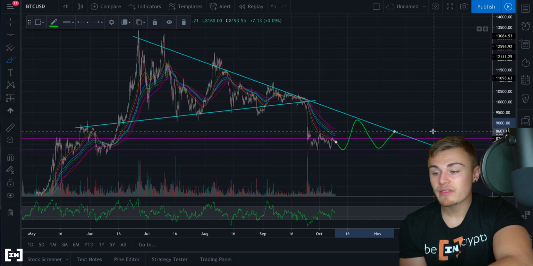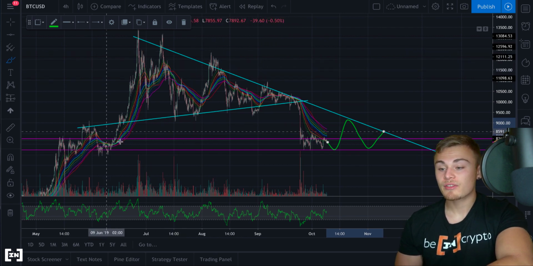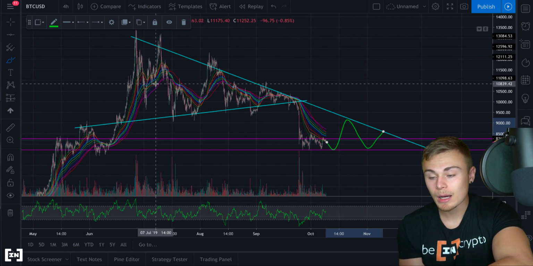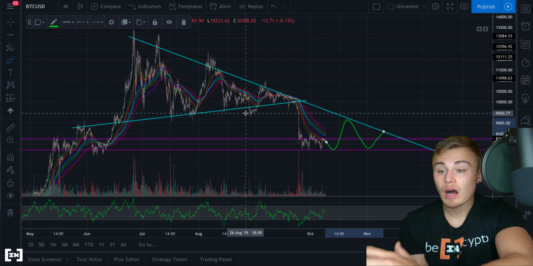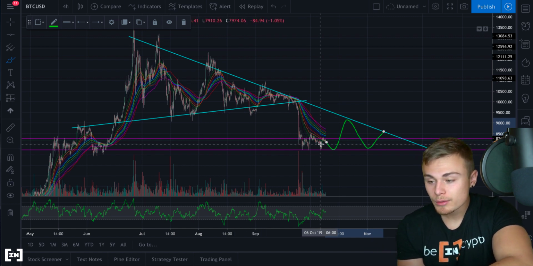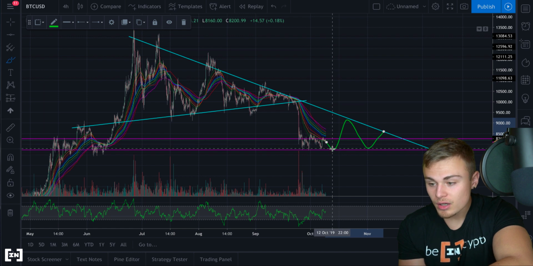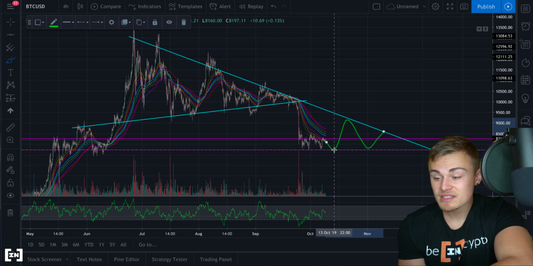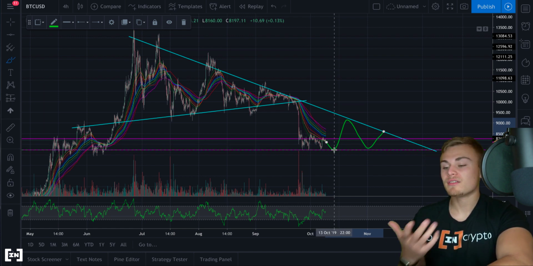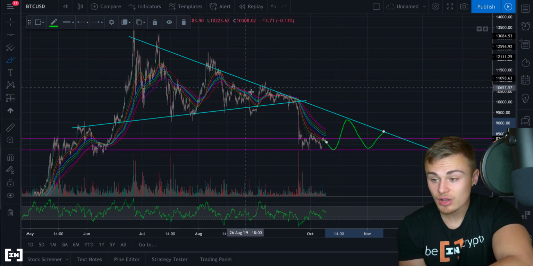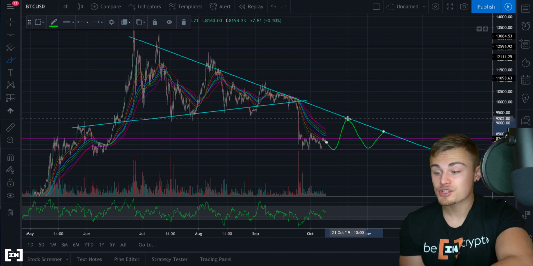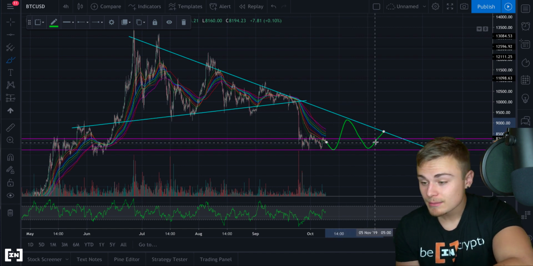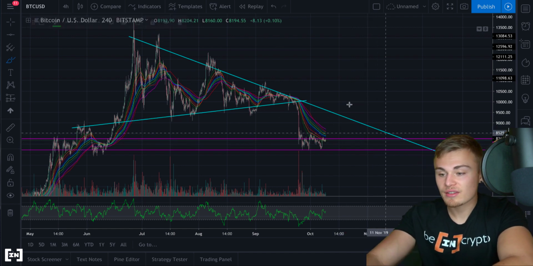Even though we broke bearish from this major symmetrical triangle, it's opened up a bigger descending pennant flag that has formed on the 4-hour charts. With the possibility of us breaking lower, we could inevitably fall down to $7,700, but with the possibility of retesting this major downtrend once again at a possible high of $9,200 in the short term, and then completing and moving back down and moving back up and things of that nature.